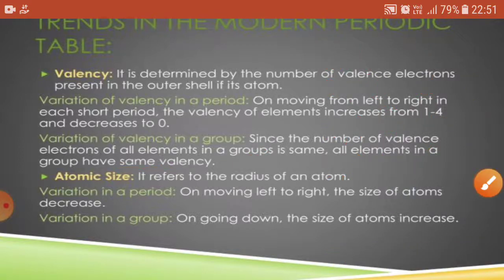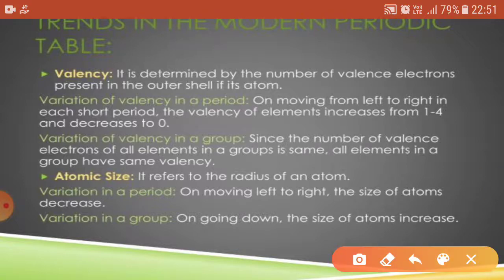Now the second property is the atomic size. Basically atomic size is the distance between the nucleus and the last electron. It means that it is the radius of an atom. Like, this is the nucleus and this is the K shell, L shell, and the electron lies in the L shell. It means it is the distance from the nucleus to the electron, so basically it is referred to as the radius.